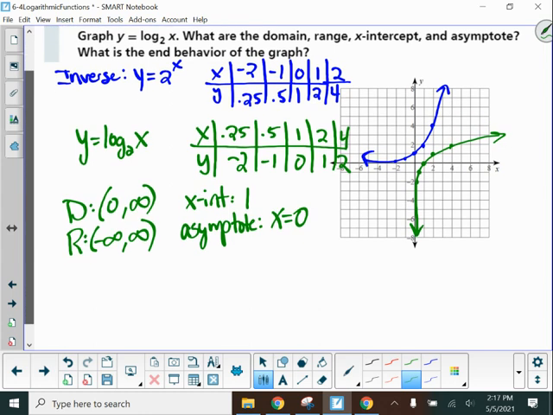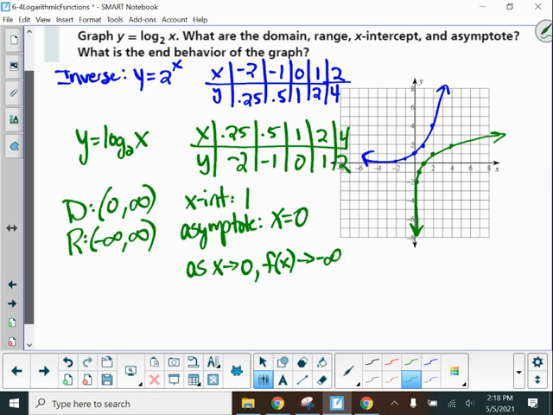The last thing we need to do is the end behavior. You kind of have to be careful with this one because I can't say as x approaches negative infinity because it's not possible for the x to reach negative infinity. So I would have to say as x approaches 0, then f of x is approaching negative infinity.